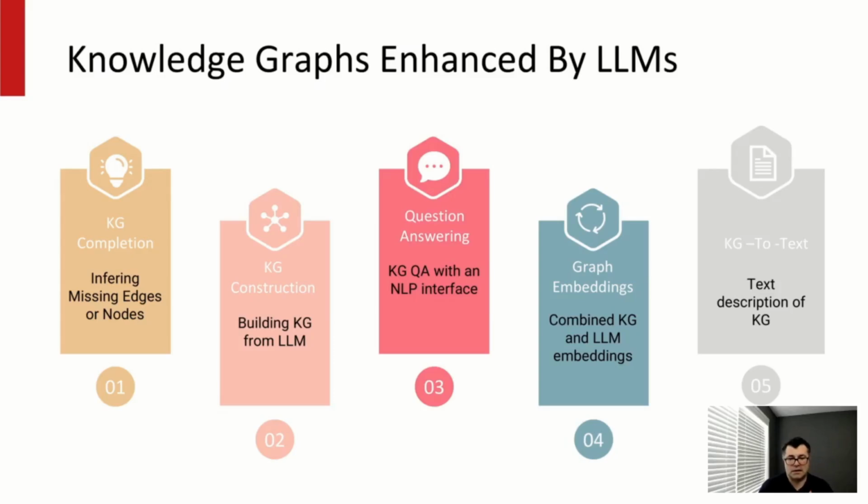And lastly, there's a task that is frequently done within knowledge graphs, which is to get a text representation of what the knowledge graph is saying. And obviously, large language models could be used for this as well.